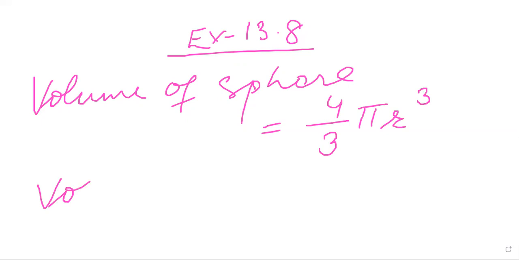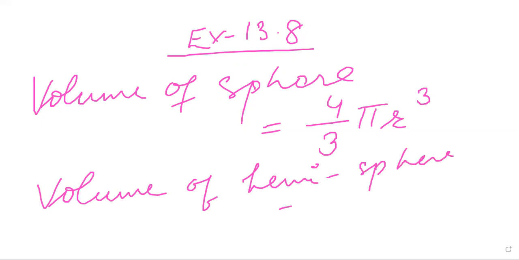And the volume of a hemisphere, which is half of it, will be 2 upon 3 pi r cube. So now in the first question we have to find the volume of a sphere whose radius is given as 7 centimeter.